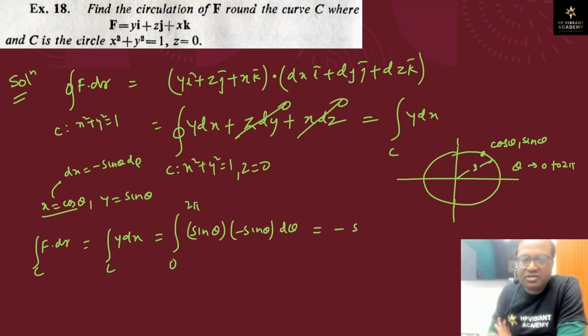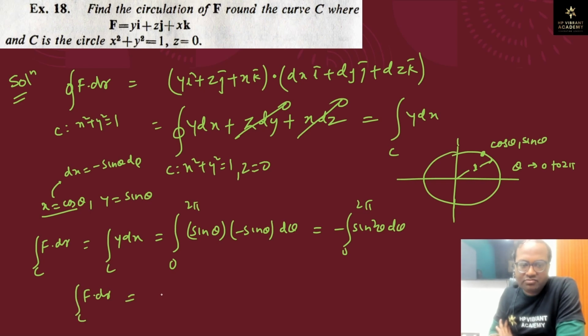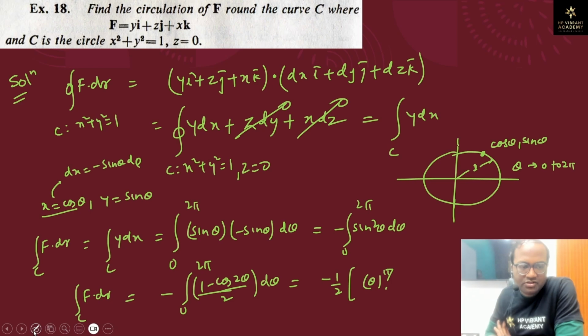This is equal to minus sin square theta d theta from 0 to 2 pi. We can write sin square theta as (1 minus cos 2 theta) upon 2. So f dot dr along the curve C is equal to minus the integral of (1 minus cos 2 theta) upon 2 d theta from 0 to 2 pi. So this we can write as minus 1 by 2 theta, with theta limit 0 to 2 pi.